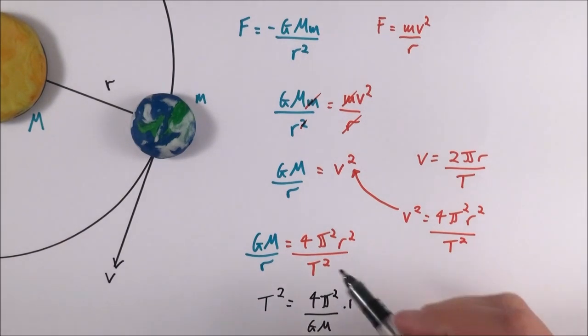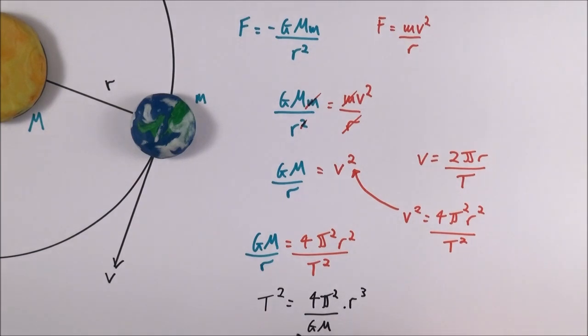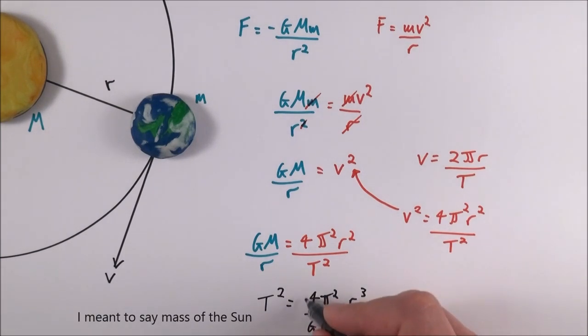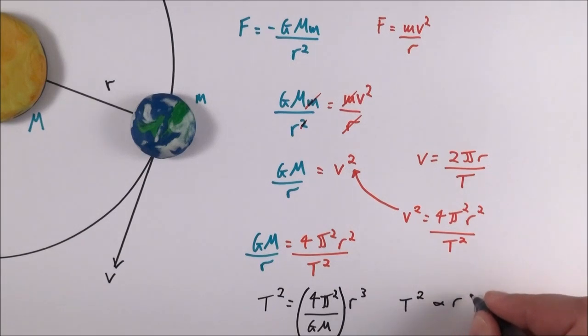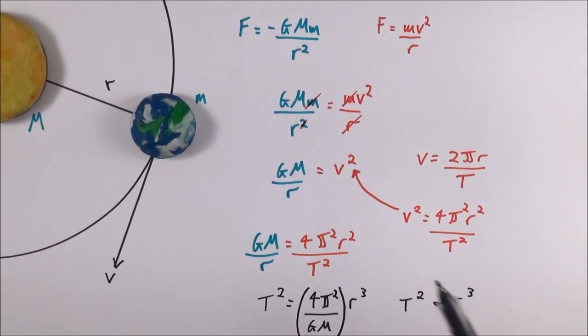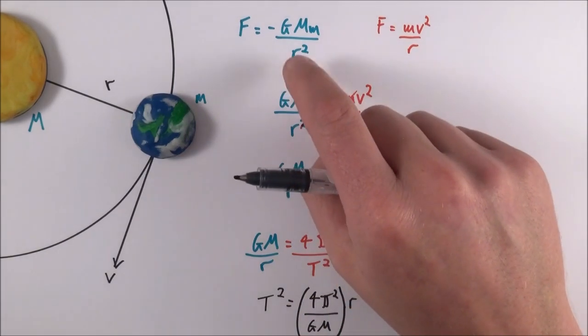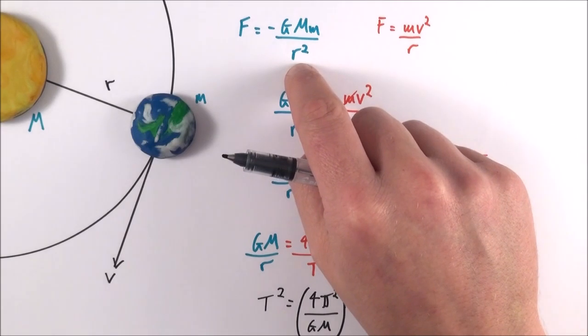And what we can see now is that provided we have the same gravitational constant, which we must do, the same mass of the sun, and then 4 pi squared as well, everything inside these brackets is a constant. And that means we can say then that T squared is proportional to r cubed. This is basically what Kepler found out, and it's only really later that this allowed Newton to look at his universal law of gravitation.